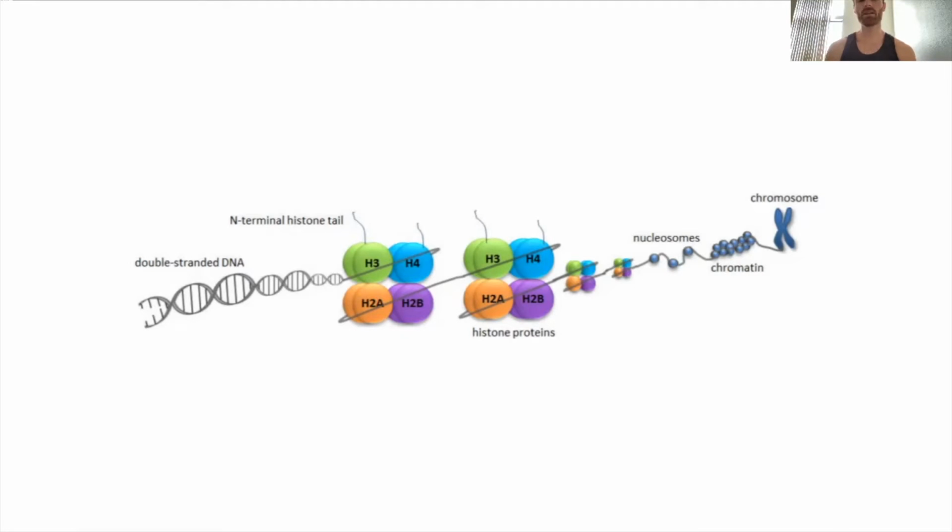So there are these N-terminal histone tails that protrude outward from the globular histone protein. These tails can be modified. They can be acted on by enzymes, and it's going to affect the chromatin structure, whether it's loose euchromatin or condensed heterochromatin.